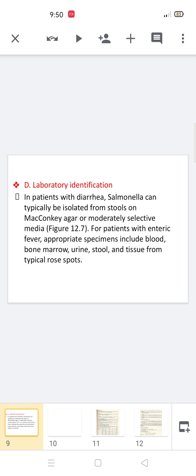If we observe clumping in the diluted part of the serum, the titer is high and it is confirmed that typhoid fever is positive.